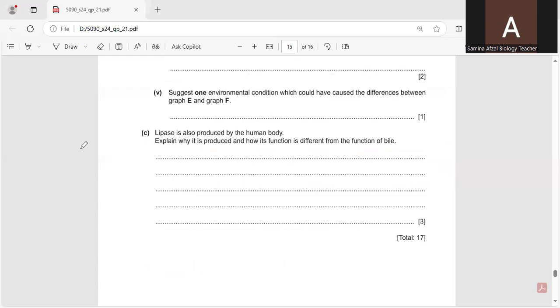Lipase is also produced by the human body. Explain why it is produced and how its function is different from the function of bile.